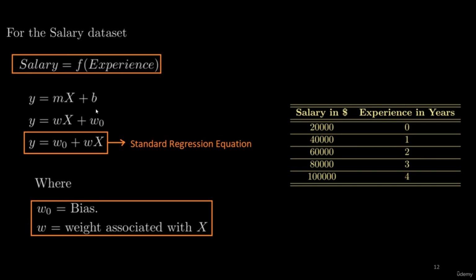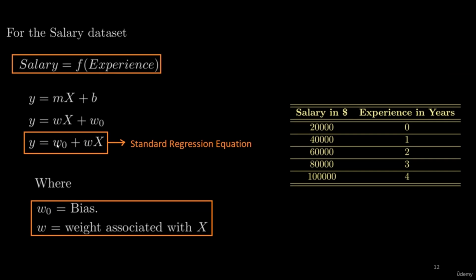Now, when I transform this equation of a linear model into a standard regression equation, I have to replace a few variables with new variables. The concept is the same. So first I am replacing slope with W and intercept with W naught. If I replace slope with W and intercept B with W naught, this is my new form of equation. So it is W naught plus Wx.